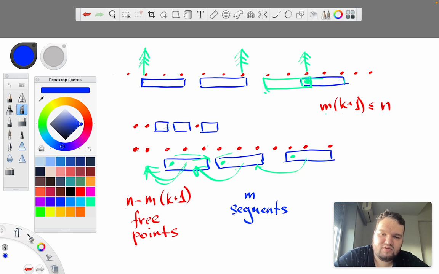Okay, but now how do we make sure that there is nothing bad? What is bad? Bad means that we have chosen the left point for at least one segment, and there are k free points to the left of it.